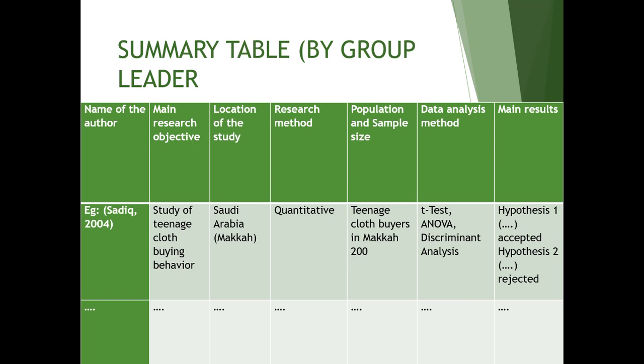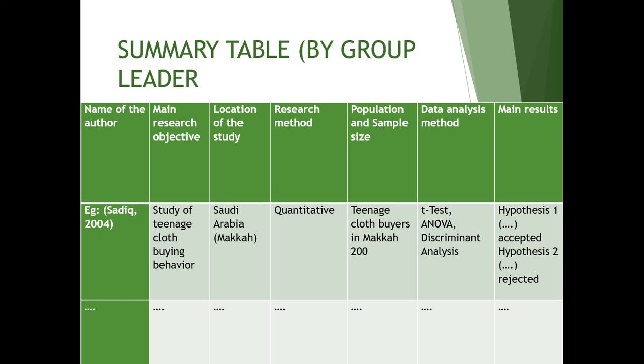Population and sample size. Teenage cloth buyers in Makkah, and that is your population. Now you have to understand what is population, and then you have to answer. In the research article itself it will be mentioned that my research objective was this and this was my population.